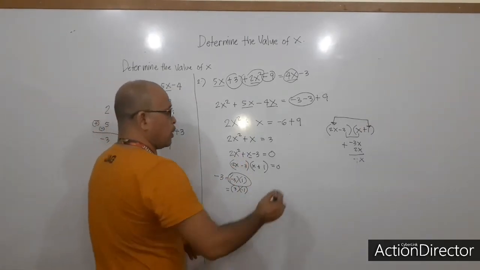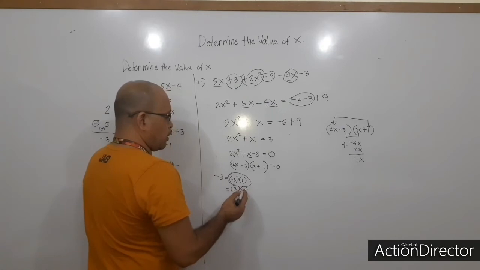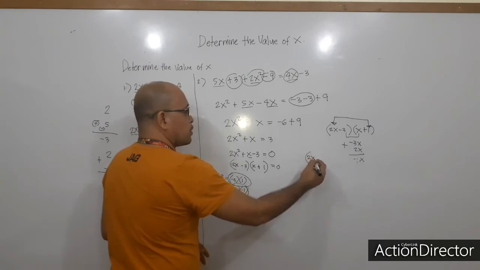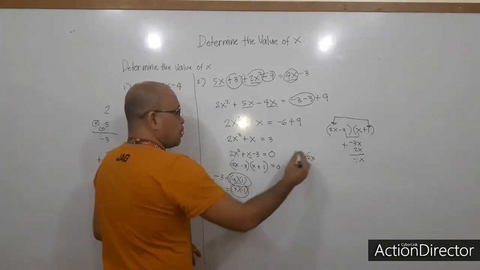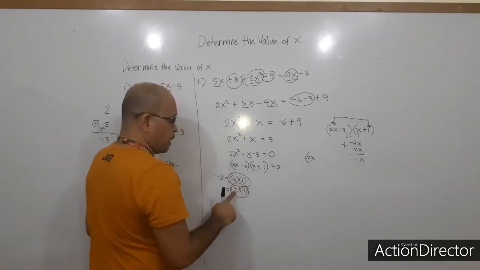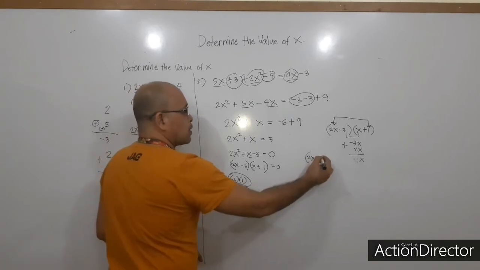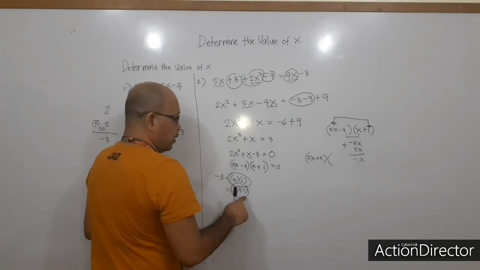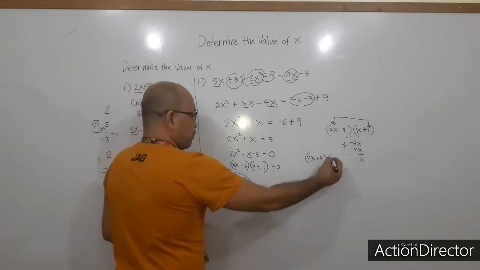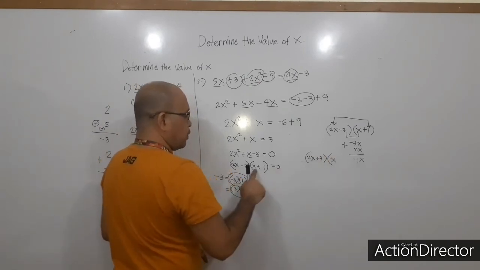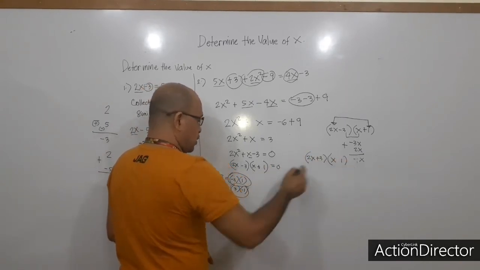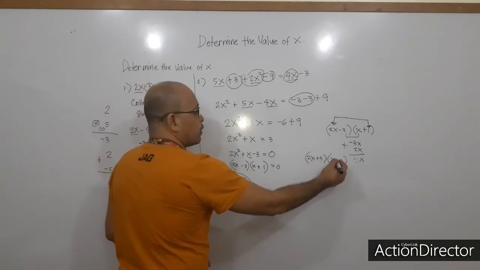Okay, so try another one. Perhaps you may try the second factors. So you may try 2x and 2x. Okay, so positive 3, so it will become plus here, and then times x is 1. x, and then try another one, which is, the second factor is negative 1.